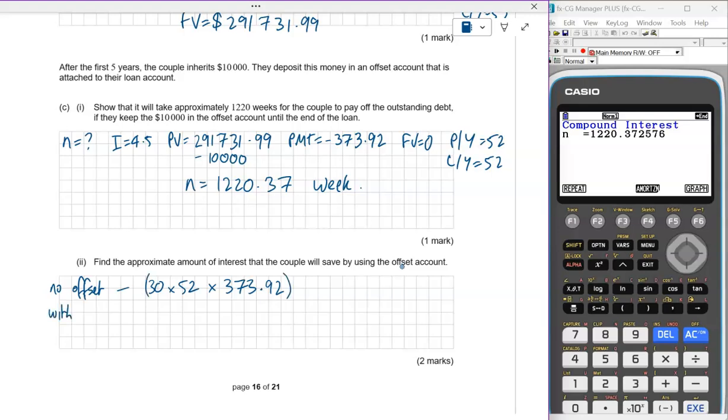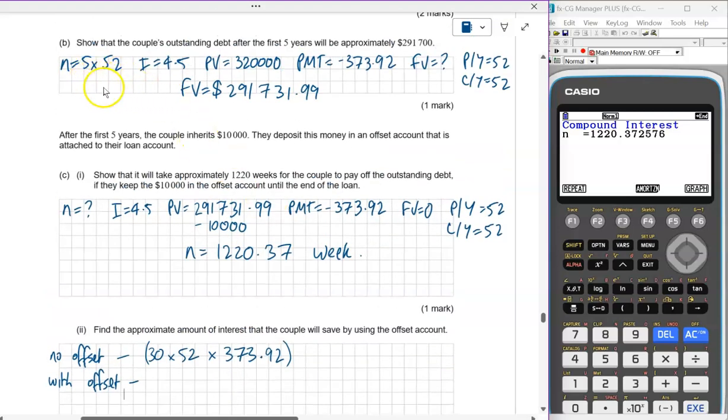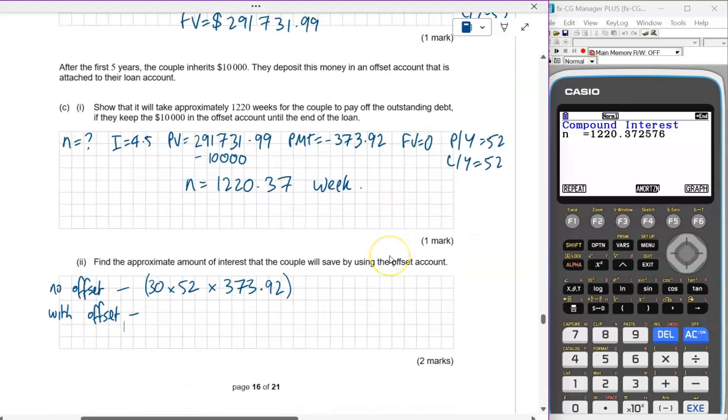With the offset, they were making obviously the 1,220.37 payments plus the payments for the first 5 years. Okay, so five times 52 works out to be 260 weeks.